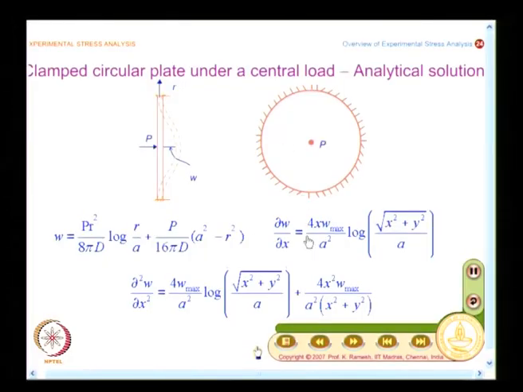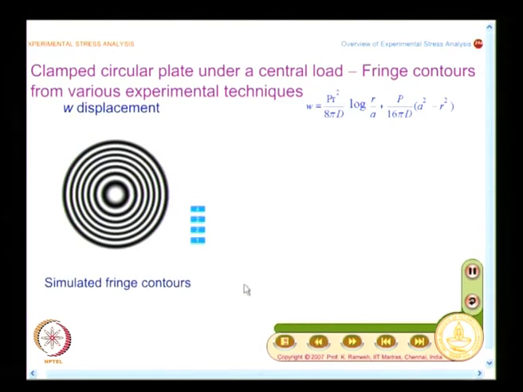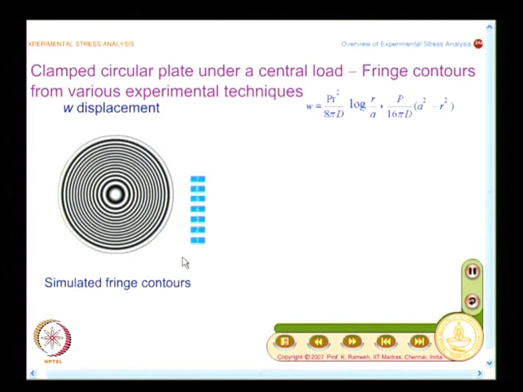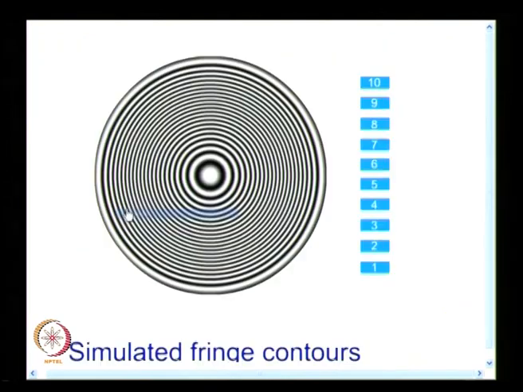Similarly, I have shown the slope in direction x, you can also have the slopes in direction y, and when I find out, I get patterns like this. Nature is so good. I have simulated fringe contours, I have concentric circles.